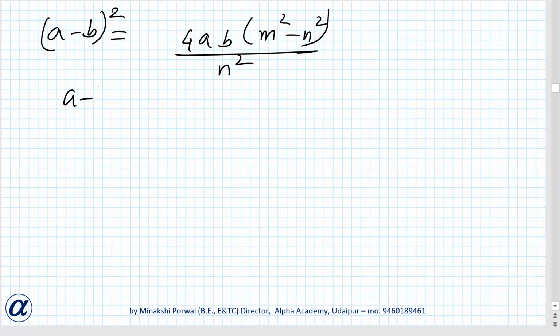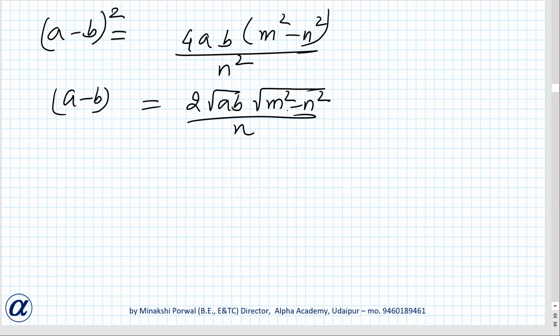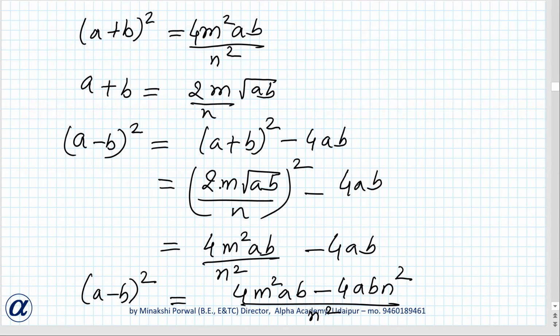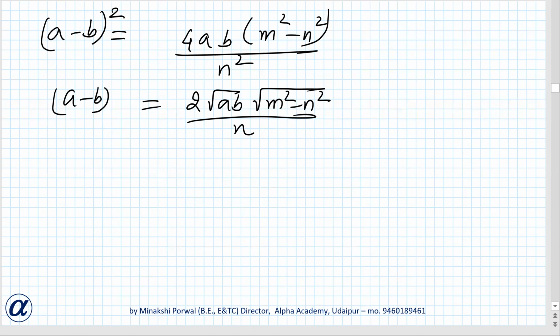Now taking the square root, that is 2 under root AB under root of M square minus N square upon N. Now A plus B we know, A minus B we know. So we can add them to eliminate B and we'll get the value of A. We can subtract them and we'll get the value of B, and then we'll find their ratio.